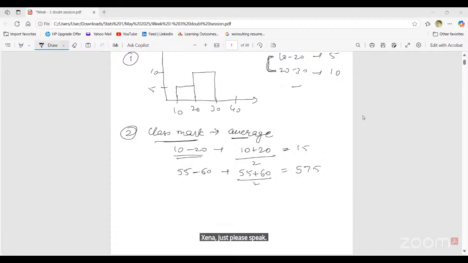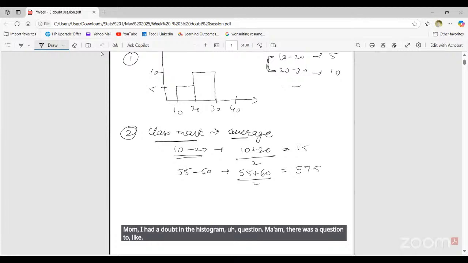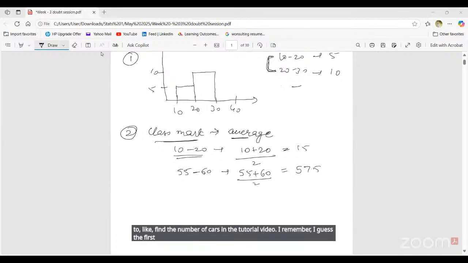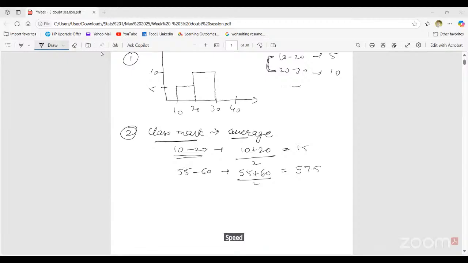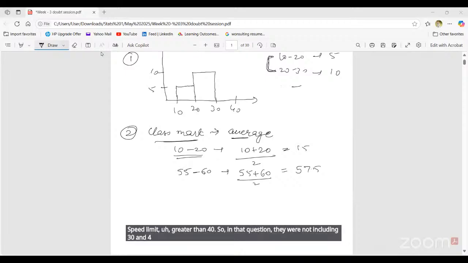Ma'am, I had a doubt in the histogram question. There was a question to find the number of cars in the tutorial video. I guess the first tutorial video, in which they were asking the number of cars which have speed limit greater than 40. In that question, they were not including 30 and 40. They were including the ones above 40.